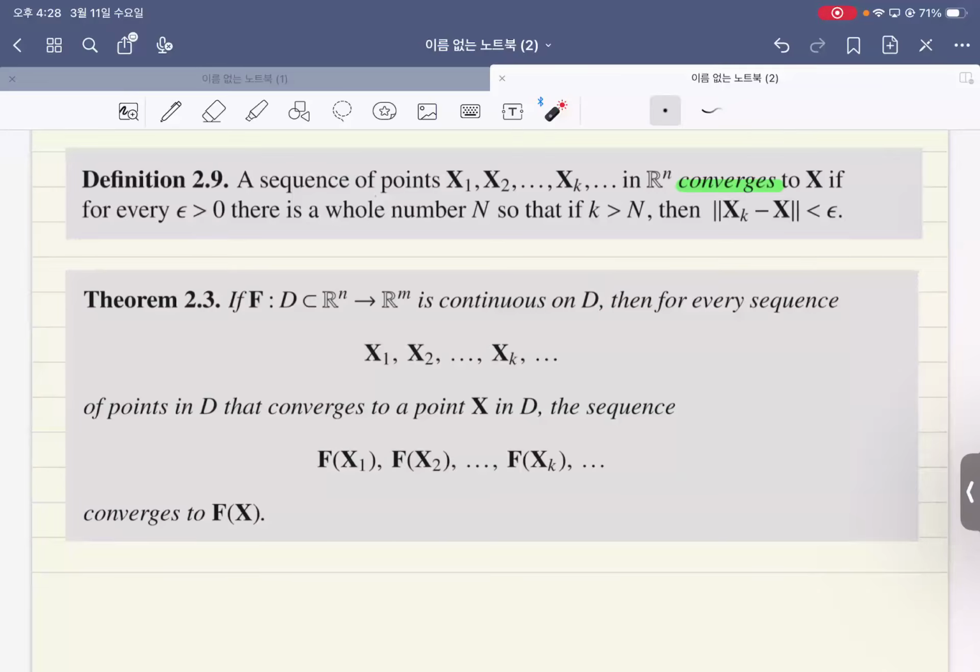And it is assumed that this sequence of vectors is converging to a point x in D. Then the claim of the theorem is this newly obtained sequence, which is another sequence of vectors, obtained by composing the function with the sequence. So these vectors are vectors in, not here, but there. So they are an m-dimensional sequence of vectors, right? Okay. And then these are converging to f of x.